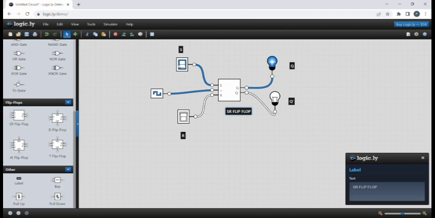If S is 1, Q will be 1 and Q dash will be 0. If R is 1, Q dash will be 1, Q will be 0. If S and R are both 1, Q and Q dash are both linked together to the clock.